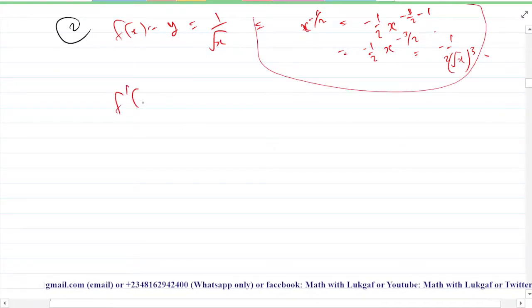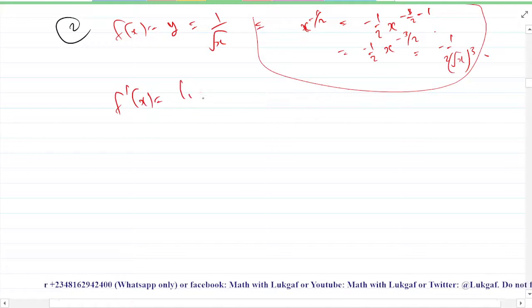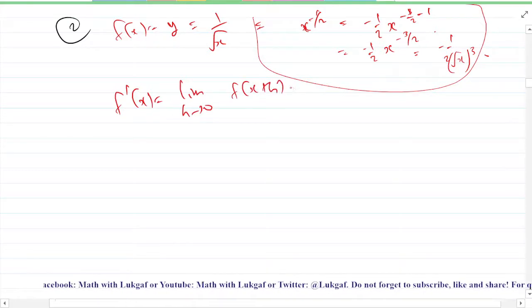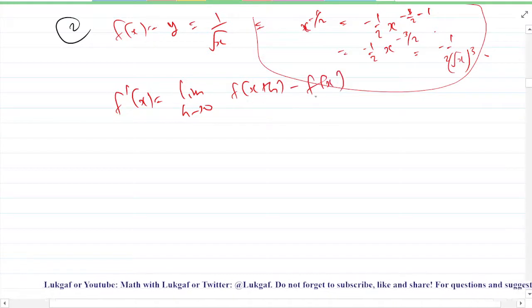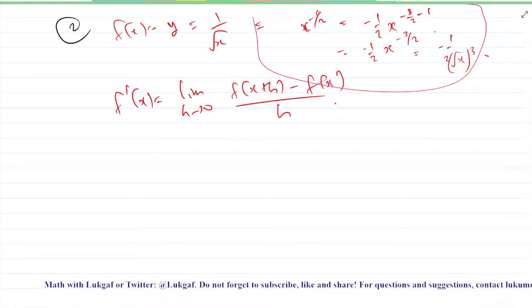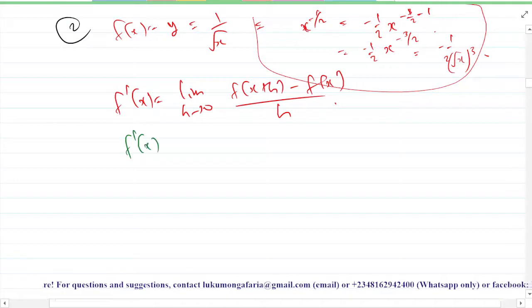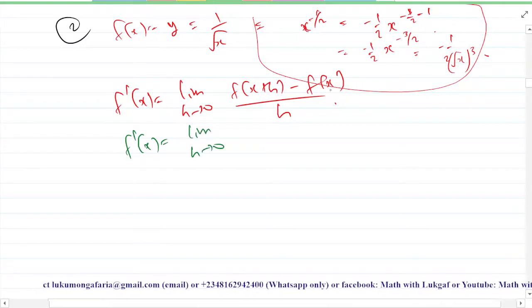Recall from the definition, your f prime of s is the limit as h tends to 0 of f of s plus h minus f of s, divided by h. Okay, now if you proceed further, I'm going to have that my f prime of s is equal to the limit as h tends to 0.